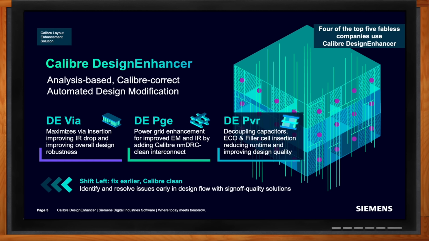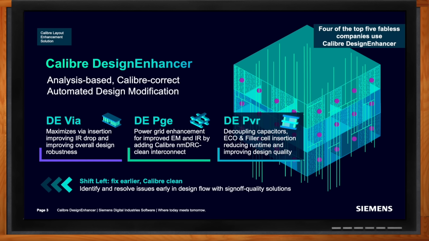Now, our Design Enhancer PVR is mainly focused on making sure that we shorten the time to market. By taking a procedure when the place and route gets done, it focuses on the power, performance, and area targets. Every design has open areas between the standard cells, and those need to be filled before you can run physical verification.